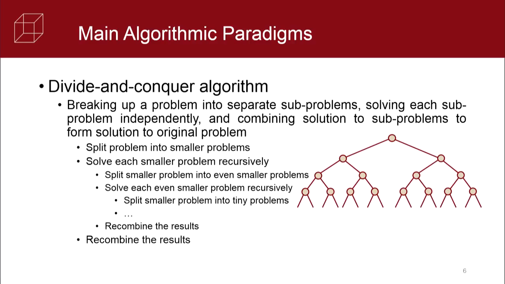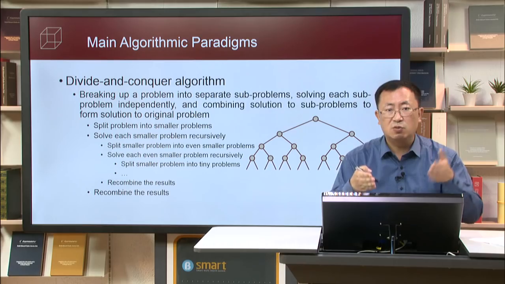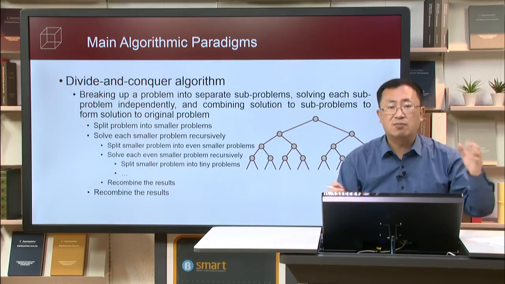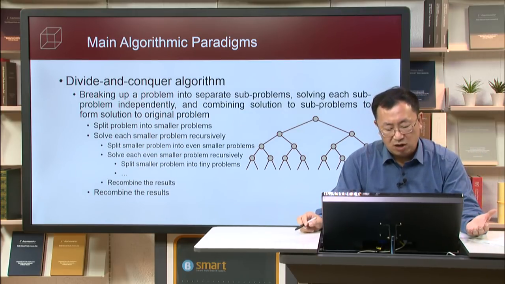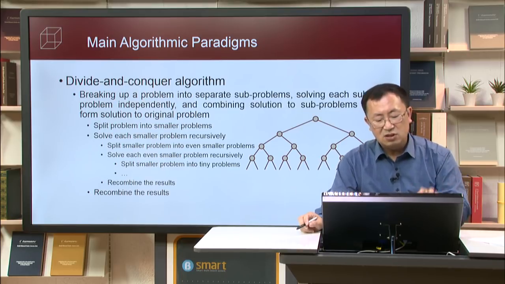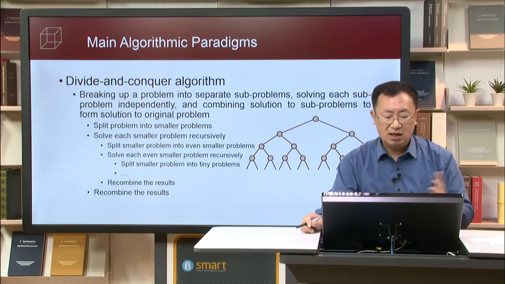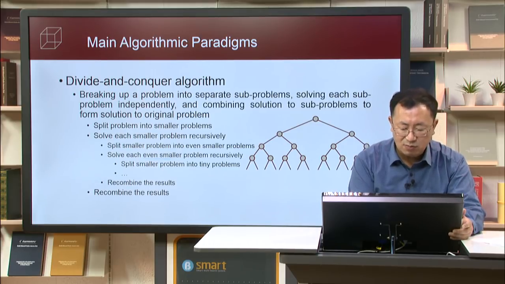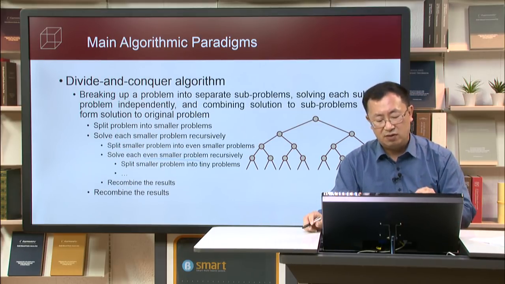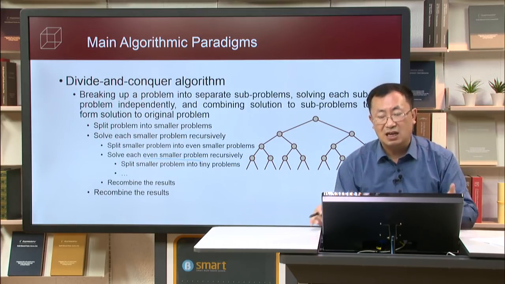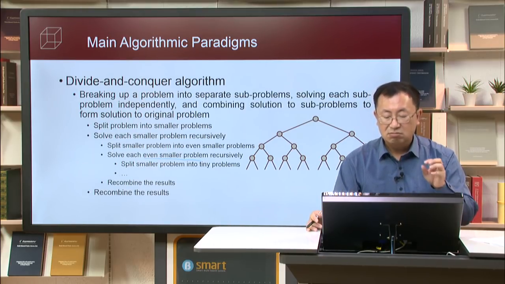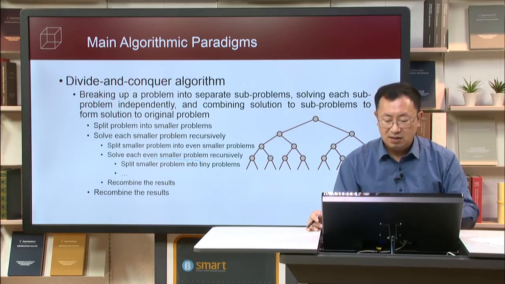You apply the same principle, the same procedure we did for the bigger problem. Split the smaller problem into even smaller problems, and you solve the even smaller problems recursively. And then we combine the results. And if this even smaller problem is difficult to solve, you just split it into tiny problems. And you apply the same thing, right?